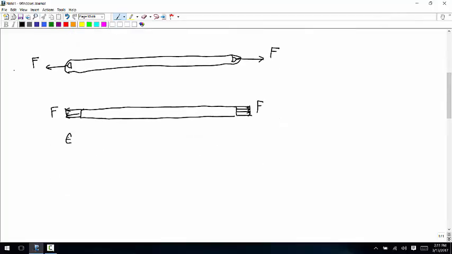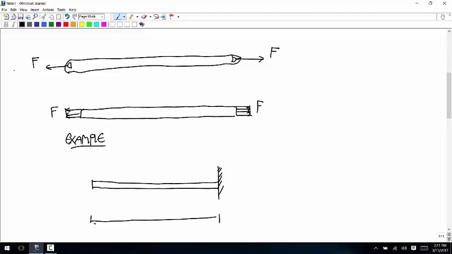Okay, so the example. Let's say that we have a 2-meter long bar that's cantilevered at the right end. The mass of the bar is 100 kilograms, and we want to calculate the internal loads.